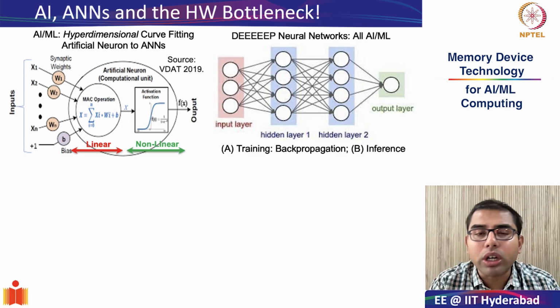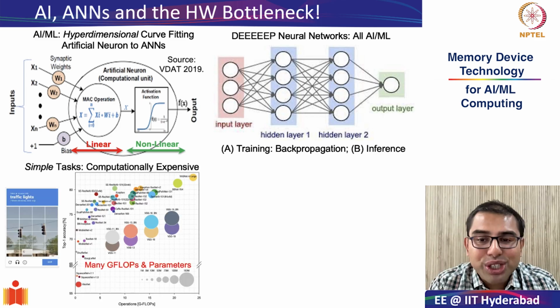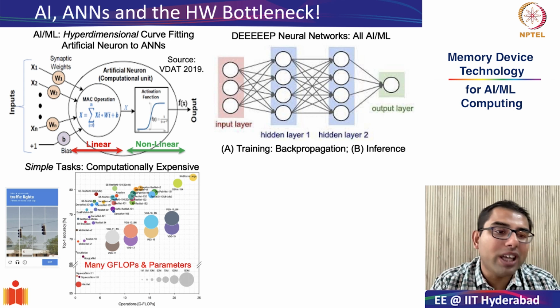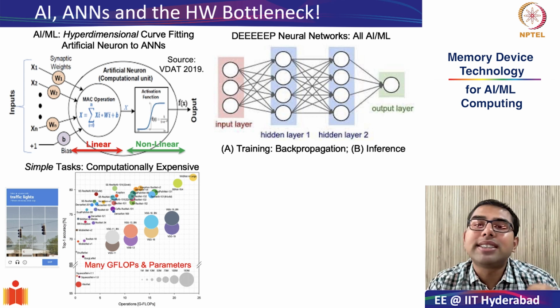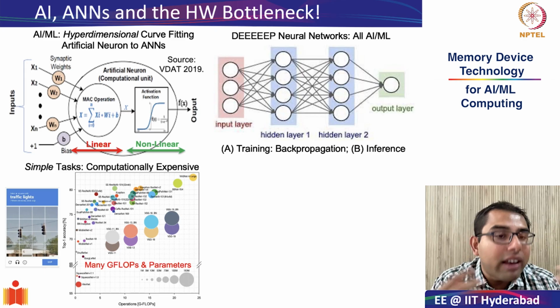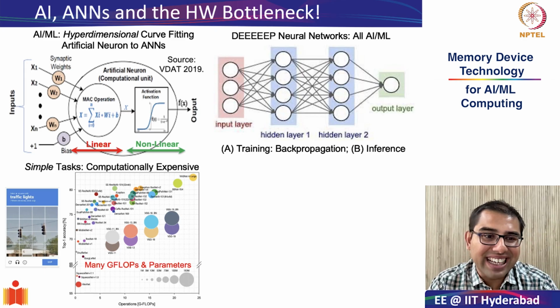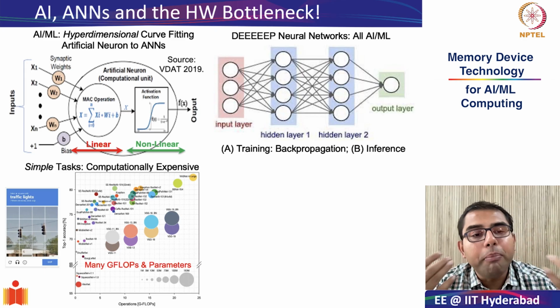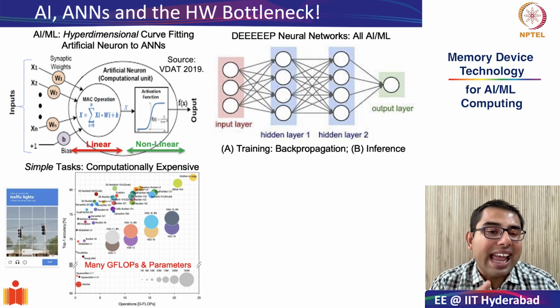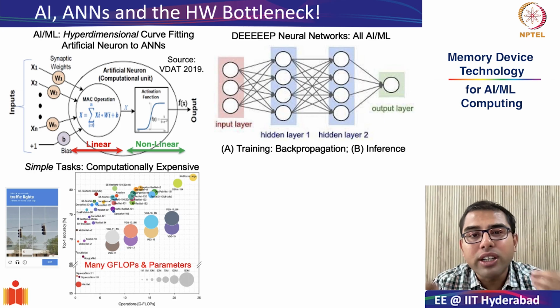So all of this looked very, very interesting in theory. However, the actual practical hardware reality is really, really daunting. And as we gave in this example, something that is so trivial, like a CAPTCHA for human beings like us, takes a large number of computational resources, both in terms of GFLOPS and hyperparameters, for these neural networks to solve.